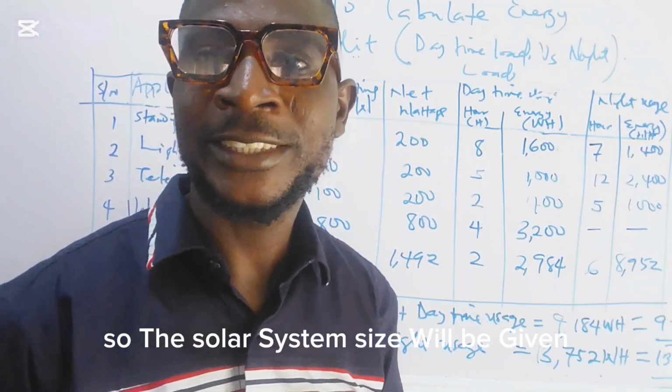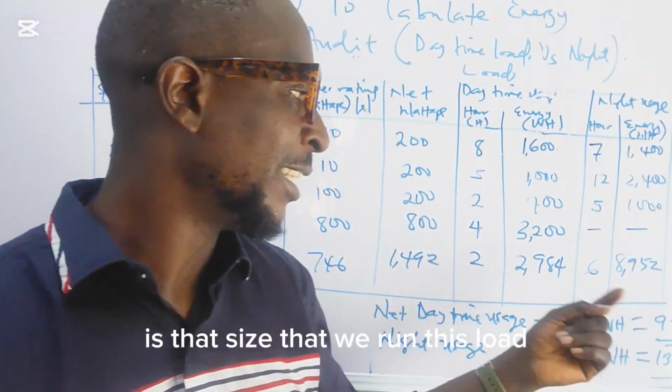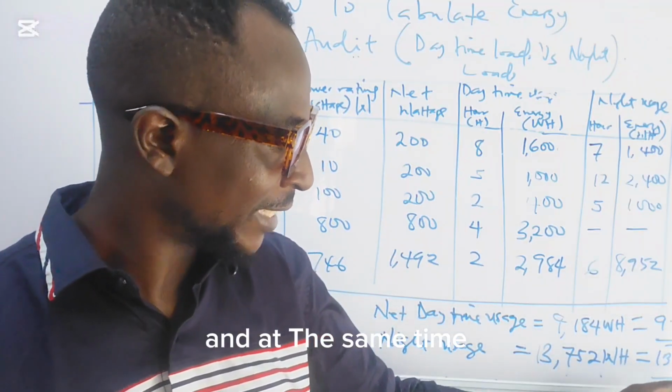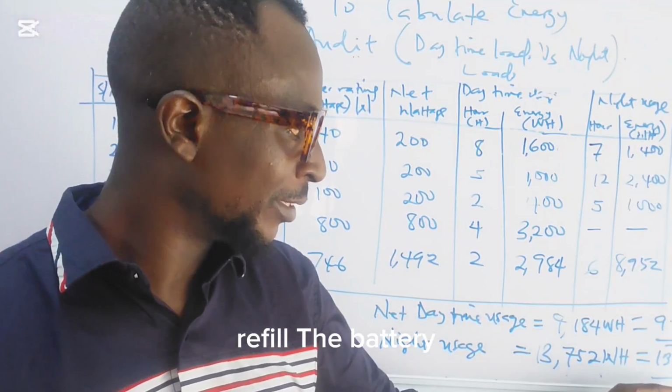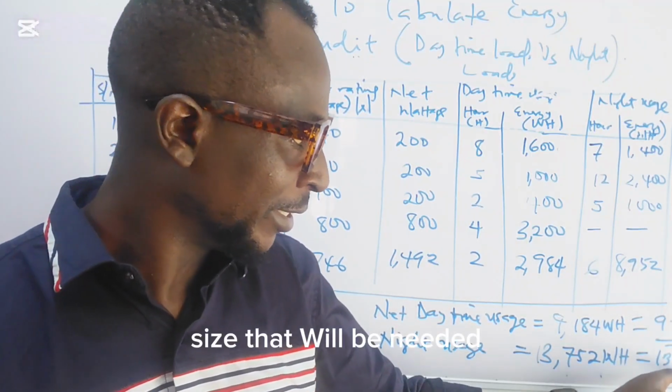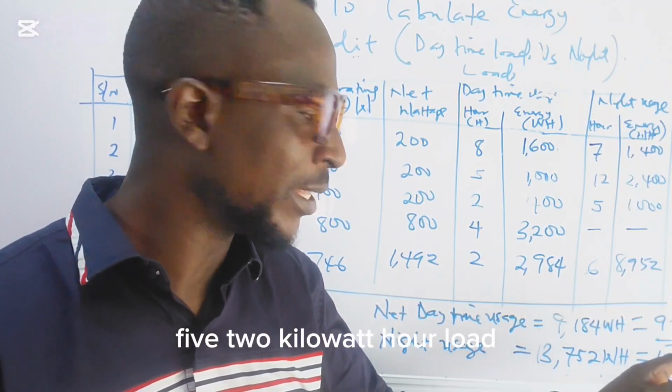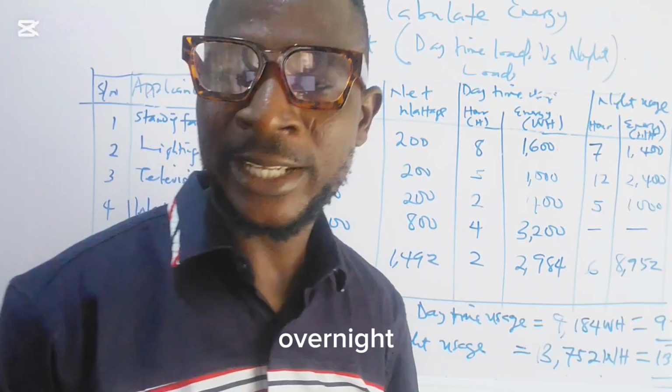So the solar system size will be that size that will run this load, and at the same time refuel the battery size that will be needed to run this 13.752 kilowatt hour load overnight.